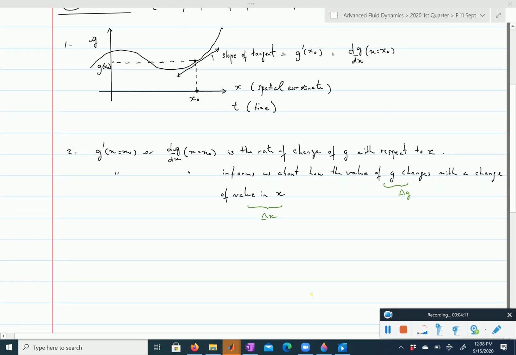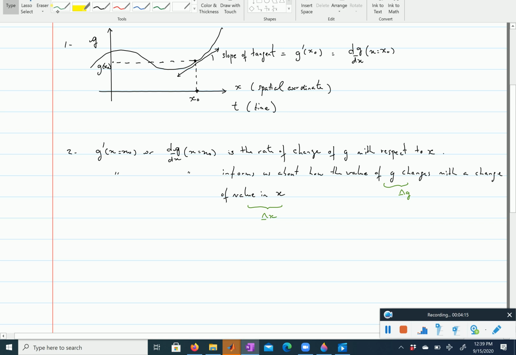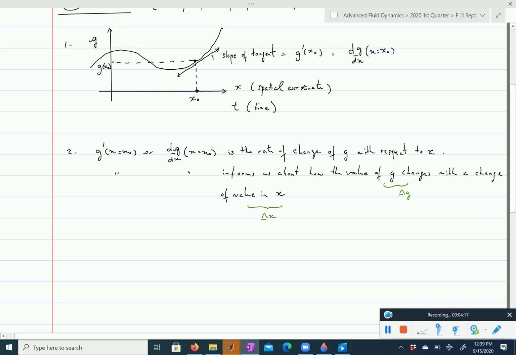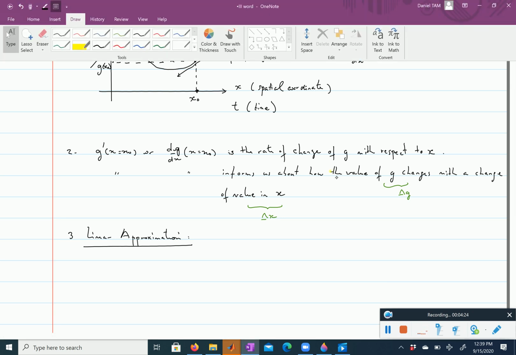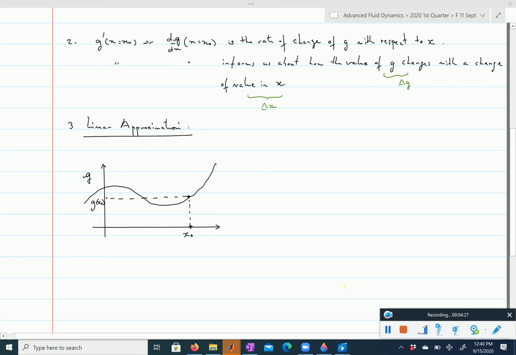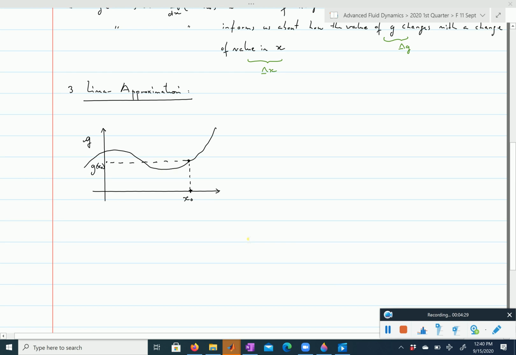So the definition of the derivative is central to the linear approximation. So what is the linear approximation? Well, let's take our function g again. And here it is quite clear that my function g is a nonlinear function, so it's not a straight line around x0.